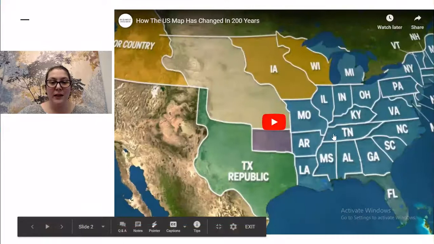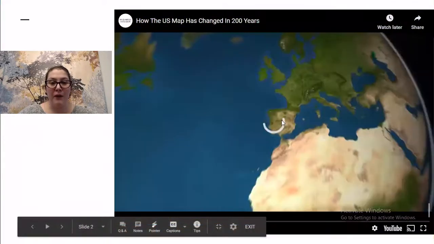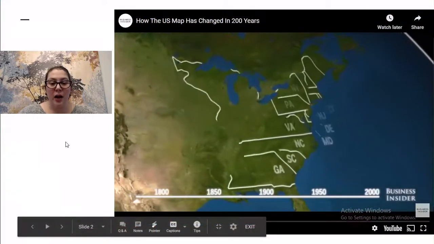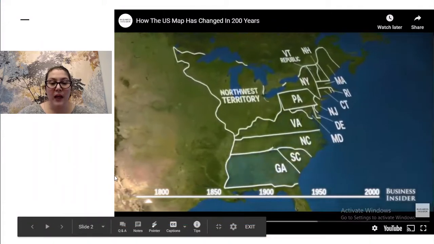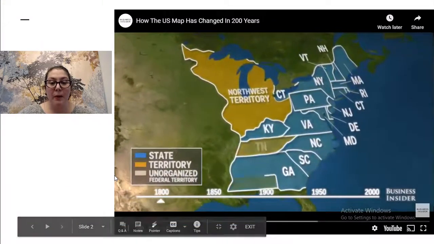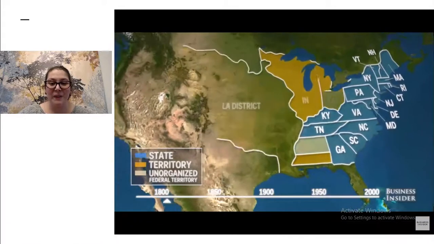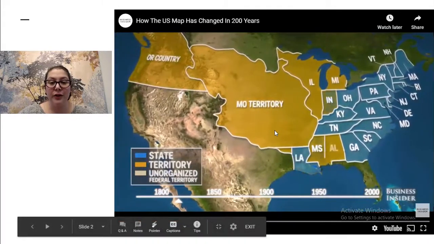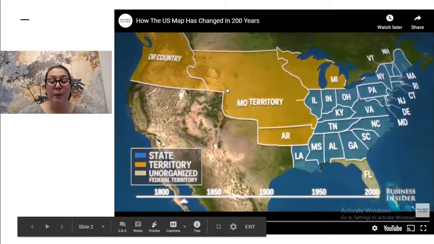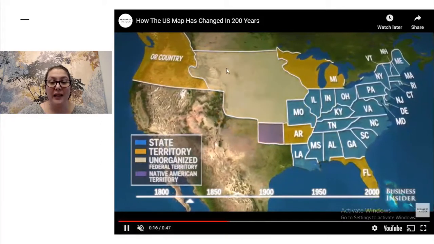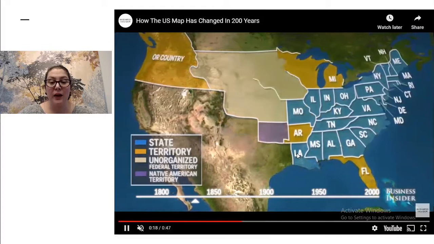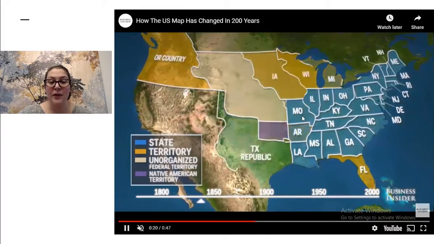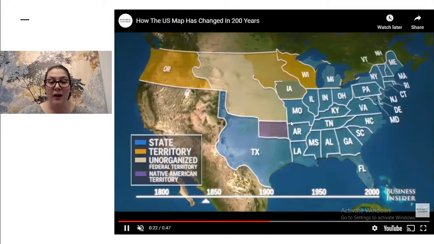All right, so this is a map of the United States. When the United States became a country, there were 13 states, right? Well, as the United States grew, they purchased the Louisiana Territory, and slowly Louisiana became a state, Missouri, Arkansas.